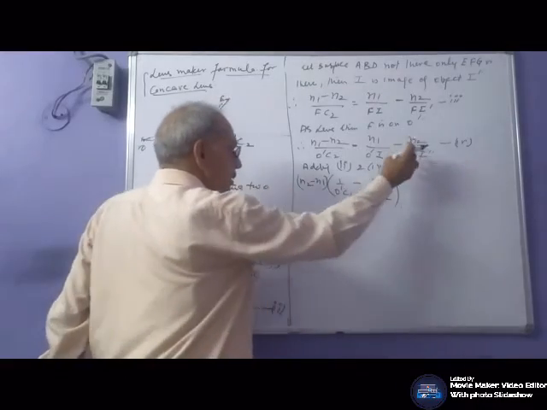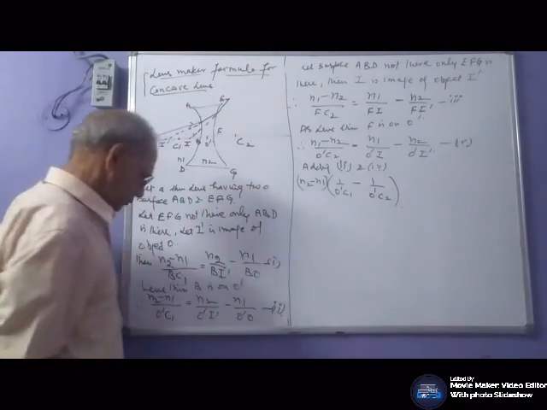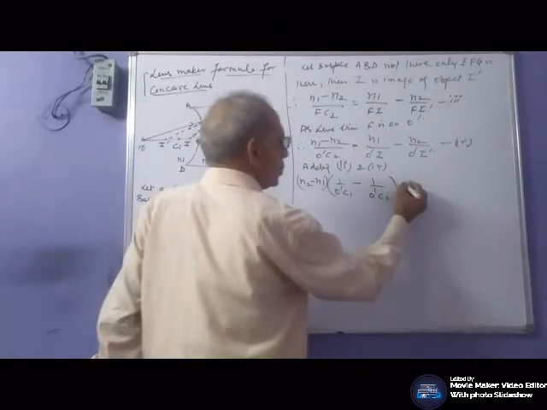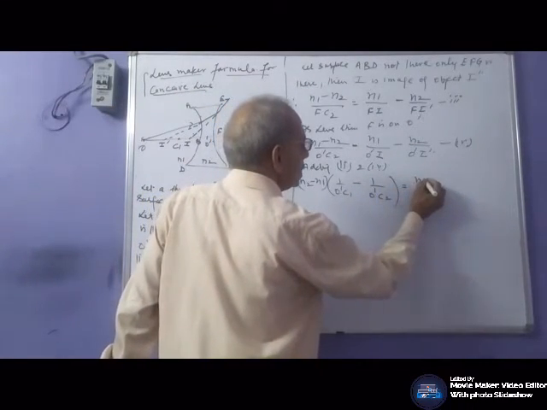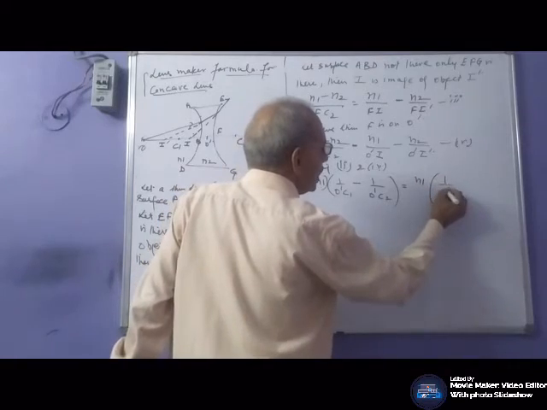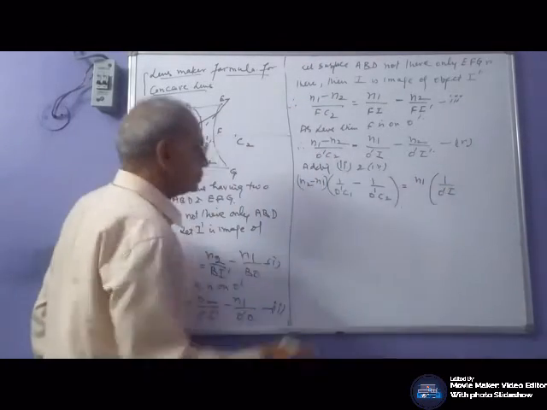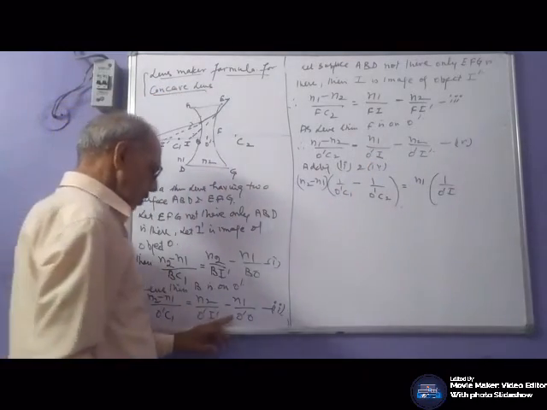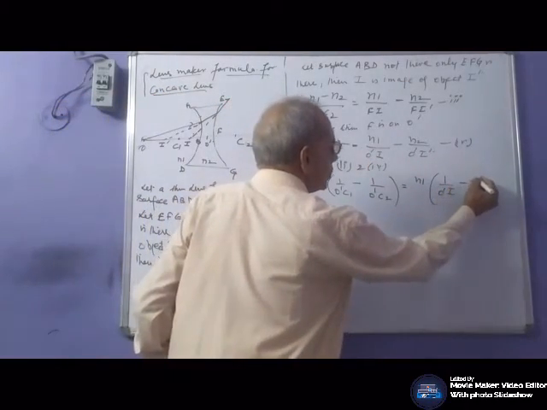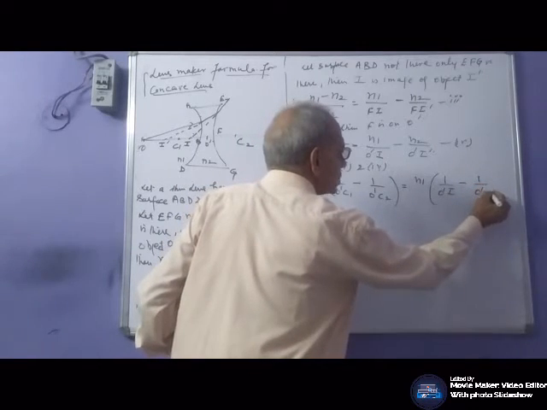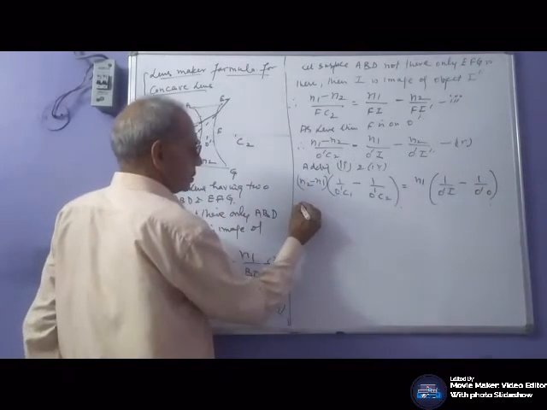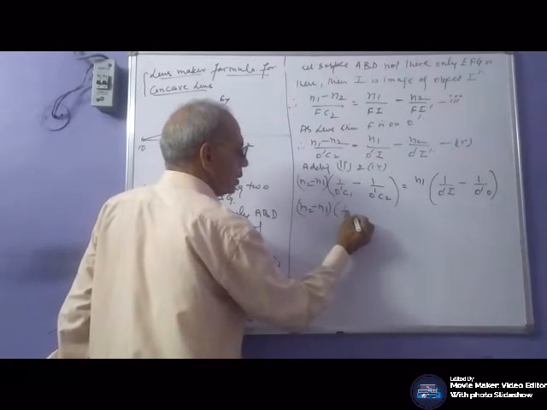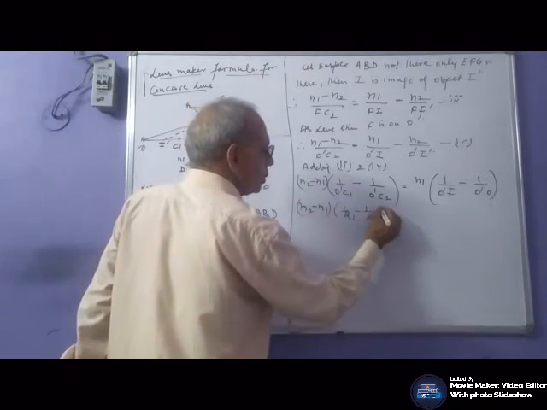This will be cancelled with this, N2 is cancelled, so N1 O dash I, this is cancelled, and minus N1 O dash O. So this is N2 minus N1 times (1 by R1 minus 1 by R2).